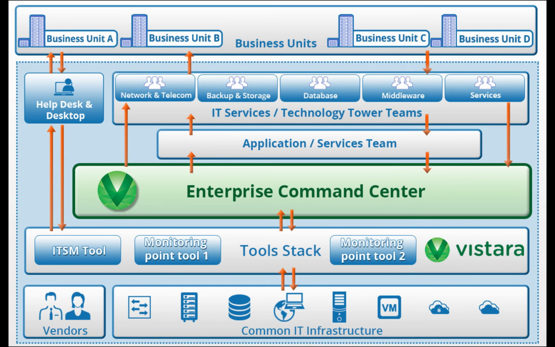Now, those point tools all need to integrate into an integrated command center, bringing those alerts, events and metrics that are getting gathered into a single application-centric command center framework.